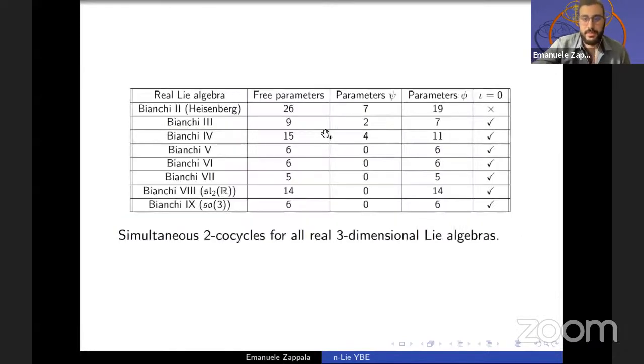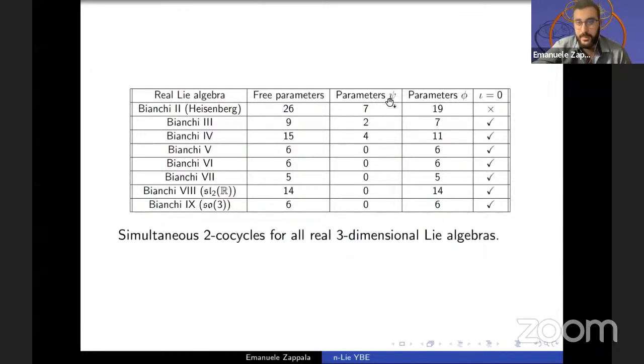But if you pass to the simultaneous deformations, you have a lot of possibly non-trivial cohomology classes. So you have a lot of cocycles and deformations of delta as well. So you can deform both T and delta. This is the phi, the two cocycles for the self-distributive operation.